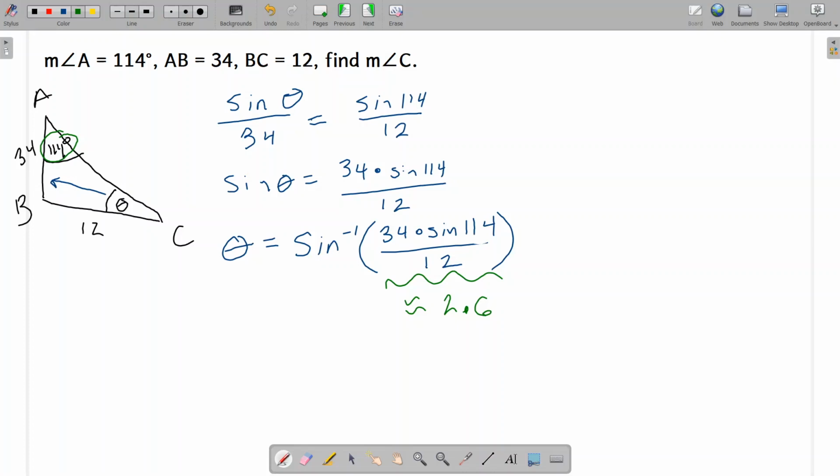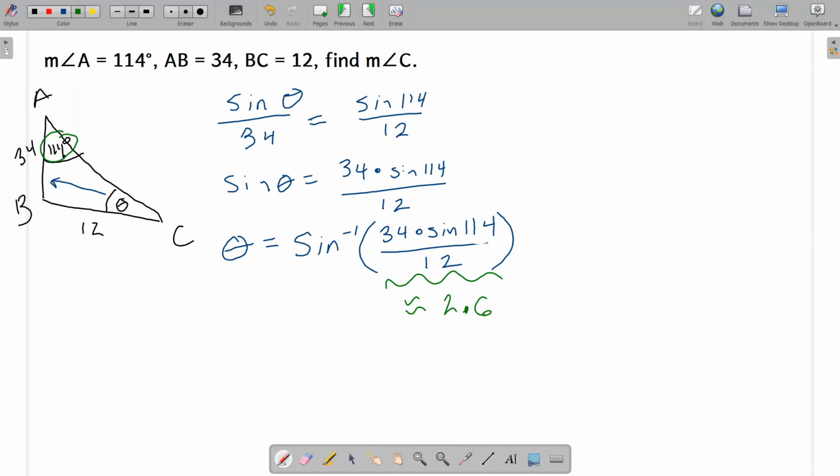In this case, 114 is across from a side length of 12, which means that the angle opposite the 34 should be bigger than 114 degrees, which is an issue because that would give us two obtuse angles, which is going to exceed that 180 degree limit.